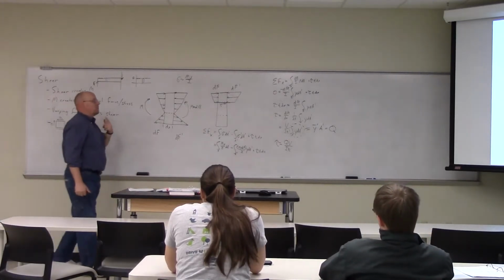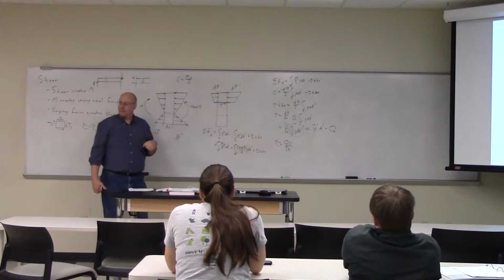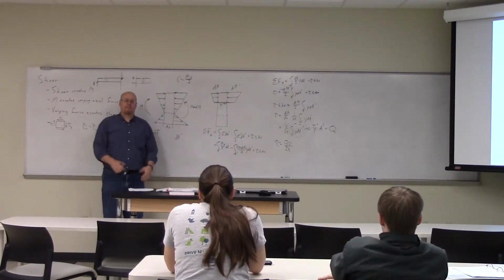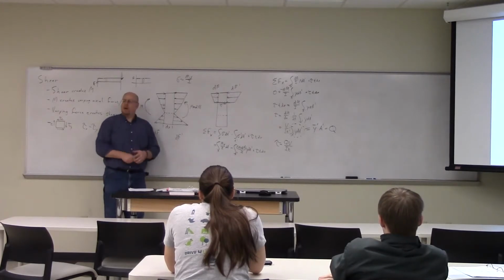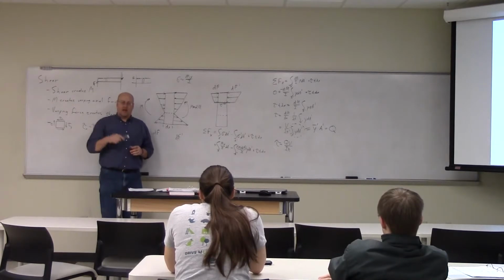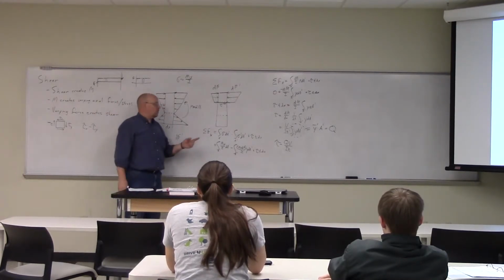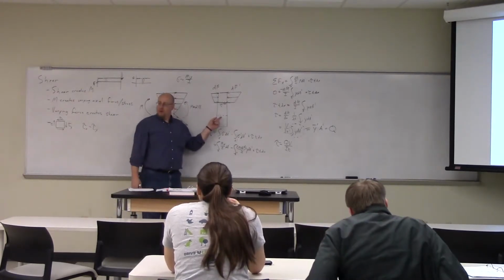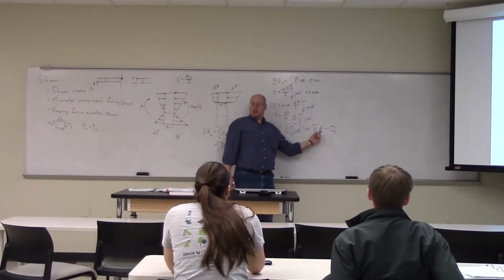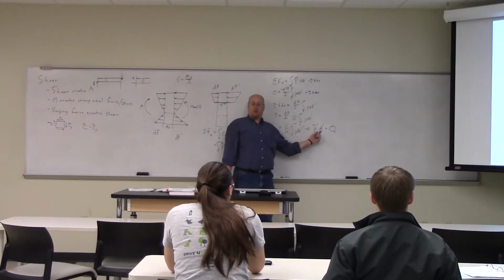Okay. So where's the maximum shear going to occur? When Q is max. When is Q max? Closest to the neutral axis. Right, at the neutral axis. The maximum shear occurs at the neutral axis. So you can see that here, because Q's got to be big, then A's got to be big. The biggest A prime you can get is the whole top half of the thing.